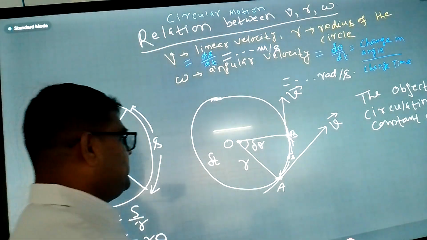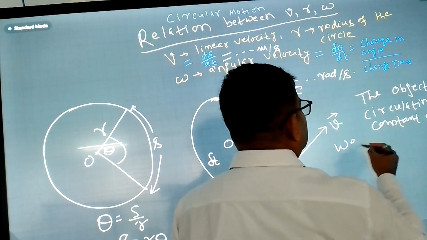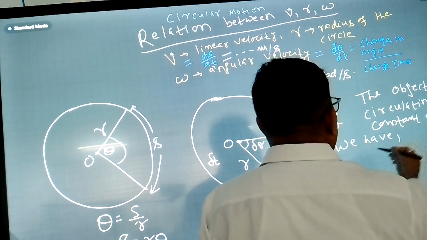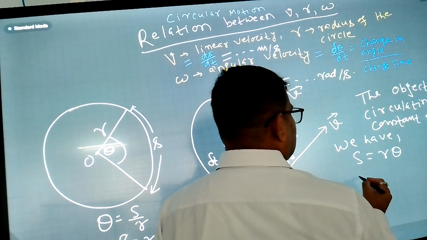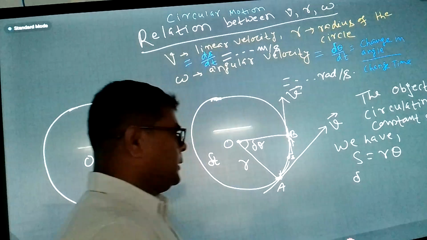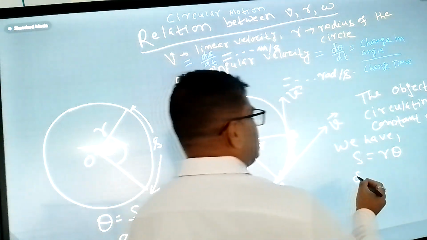Now, starting from here, we have in general S equals R theta. Now differentiate both sides with respect to t.